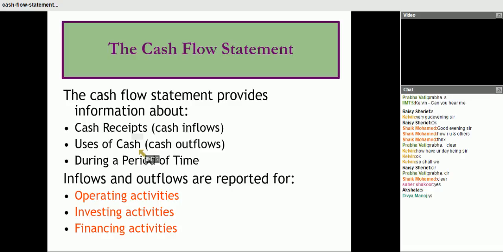Usage of cash, where the organization spends their money, is known as cash outflow. During a period of time means that if we want information about a particular period, from when to when the organization has spent their money, or about the cash inflow or outflow, we can get that information. Inflows and outflows are reported for three types of activities: operating activity, investing activity, and financing activity.